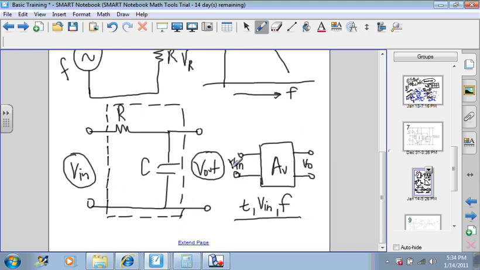Meaning, if we change the input, what happens to the output? How does the output change with the input over time? If we change the frequency, how does the output change with the input? So this is how block diagrams got started.